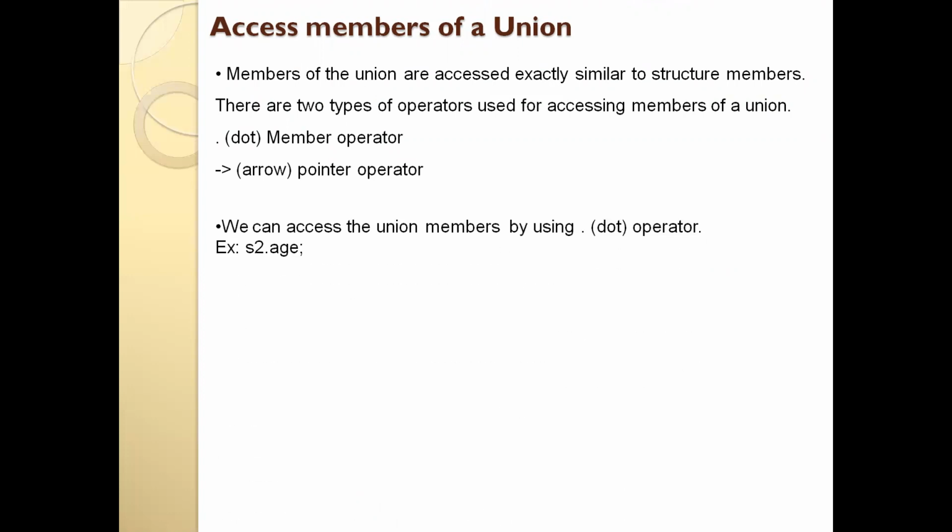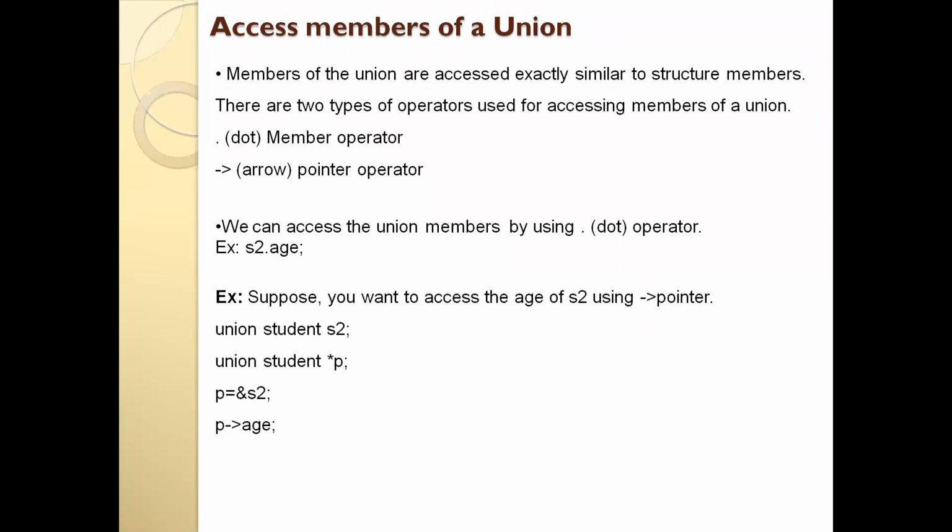Now let me explain how to access those members using one example. In the previous slide, I showed you the student union. Just assume that there is a member age. Suppose you want to print the age, then how do you access that member? By using the variable of that union. There I have created two variables s1 and s2.